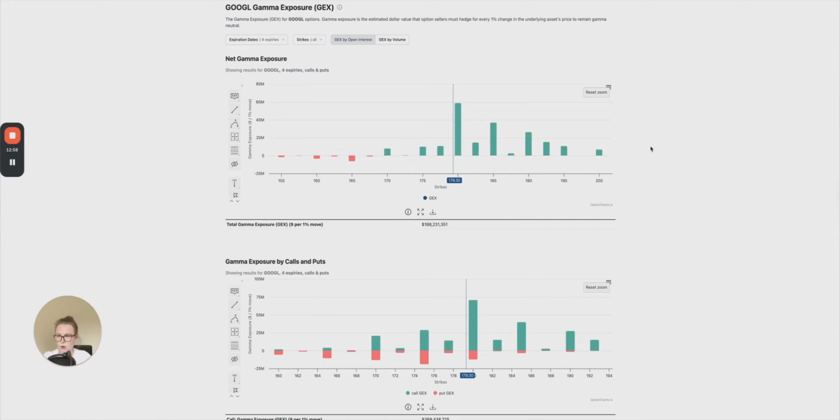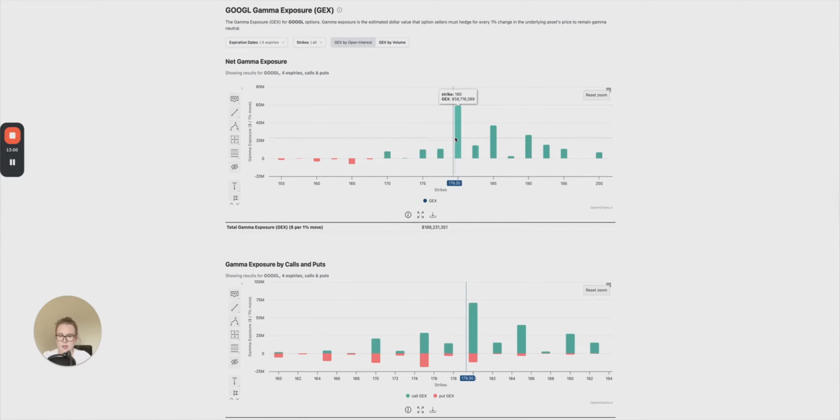What I'm looking for here is, are there any areas of key support or key resistance? In this case, this large gamma bar here tells me there's likely resistance around this area. Now, I want to be very clear that these numbers are obviously going to be in multiples of either, it will depend on the stock, right? But they're most likely going to be in multiples of either 1, 2.5, 5, or multiples of 10.